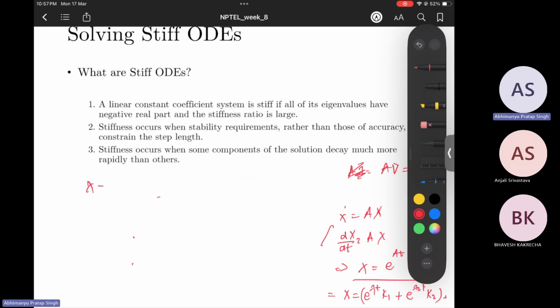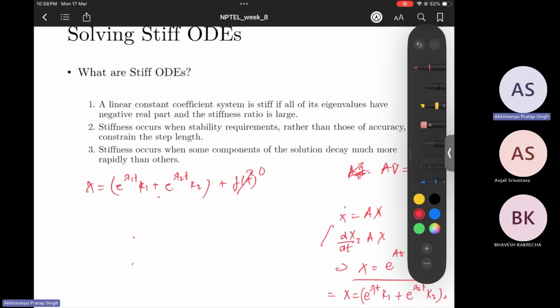So my x has become e to the power lambda 1 t and e to the power lambda 2 t terms. These are basically my transients, and then there would be a particular integral, which in this case would be zero only.